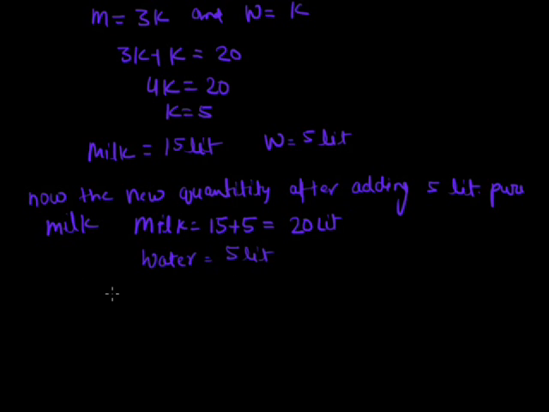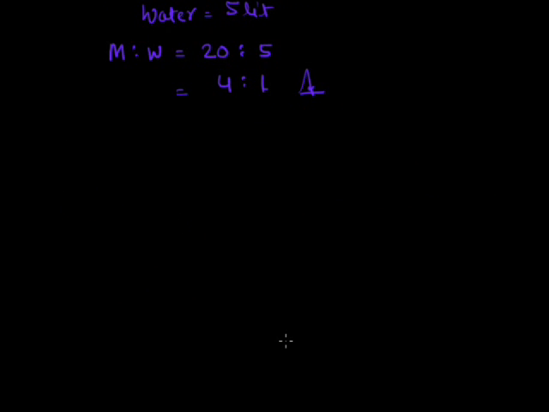So the ratio of new mixture, milk and water, is equal to 20:5, or we can say 4:1. This is the answer. Okay, let's do some more problems.